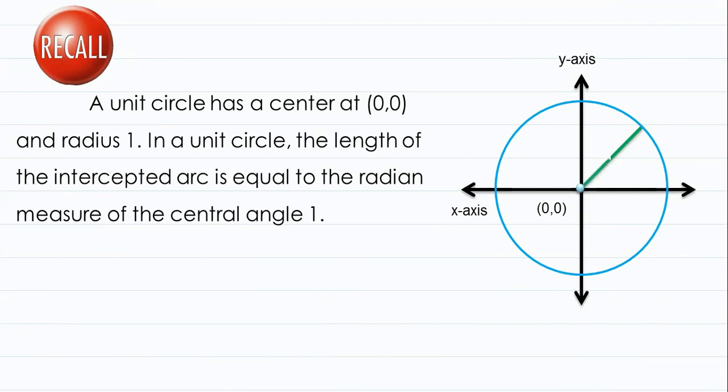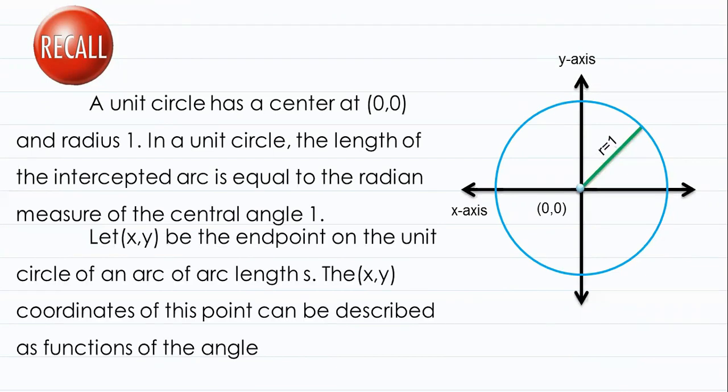Let (x, y) be the endpoint on the unit circle of an arc of arc length s. The xy coordinates of this point can be described as functions of the angle. On the figure on the right, we have here your x and also your y. And if we indicate the angle inside, we call it theta.